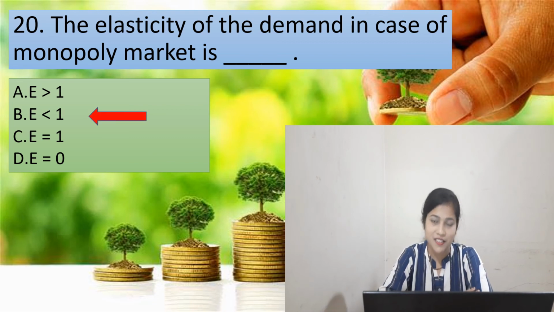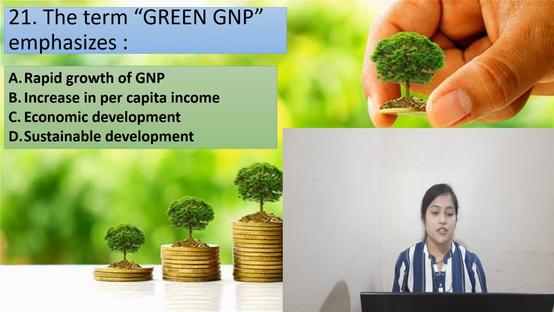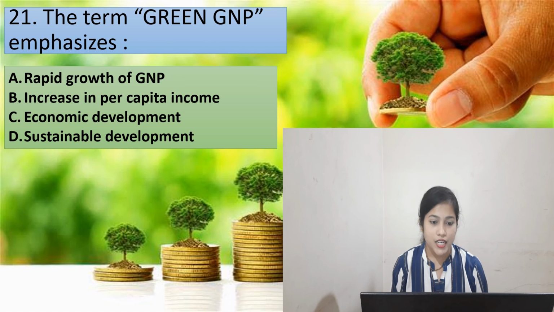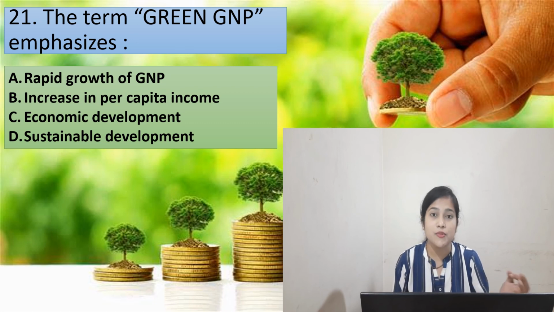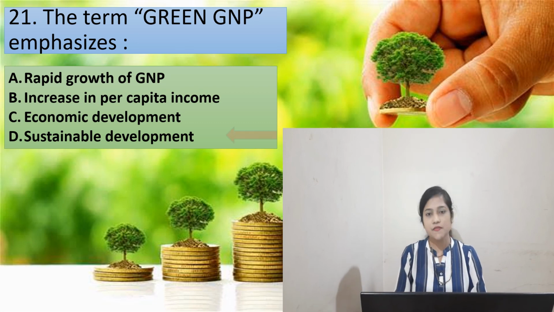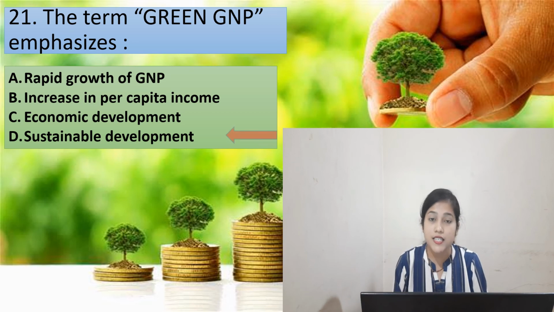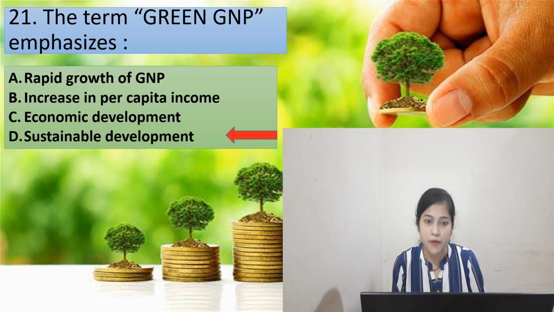Correct? Yes. Moving to the next question, that is on the term green GNP. It emphasizes: first option, rapid growth of GNP; second, increase in per capita income; third, employment economic development; and fourth, sustainable development. See, the answer will be option D, sustainable development. Write it, option D, sustainable development. Why?